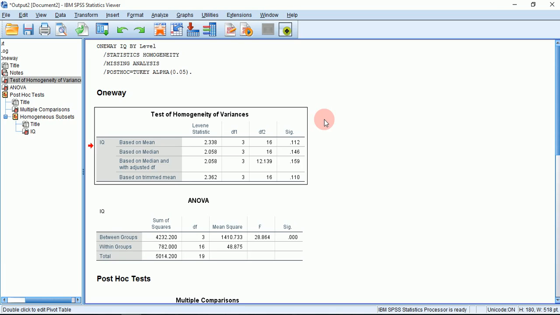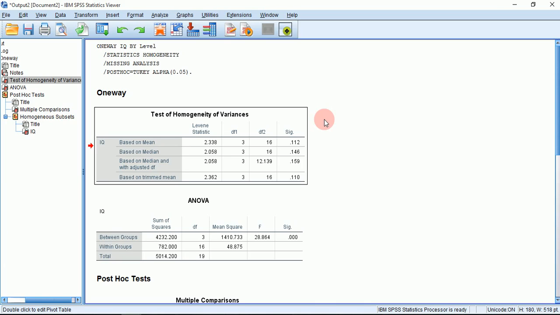Otherwise, if the significance value is less than 0.05, then there is heterogeneity of variance in our dataset, or we can say the variances of the 4 groups are unequal or not equivalent or different.